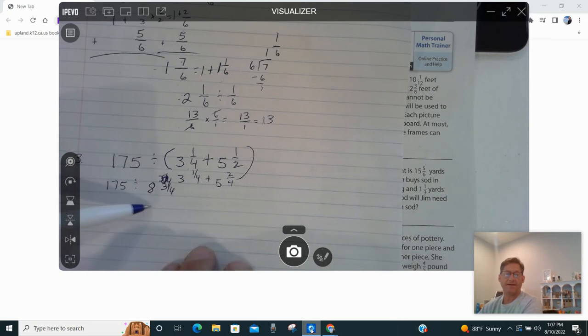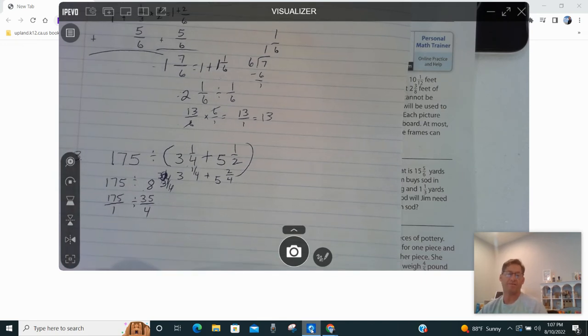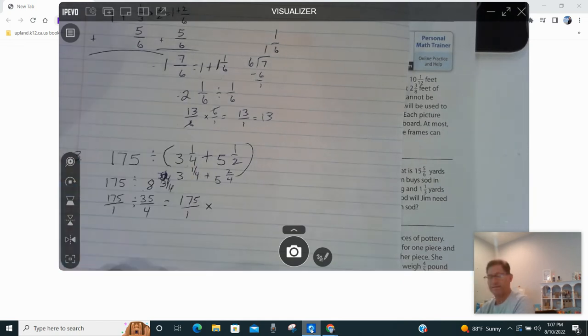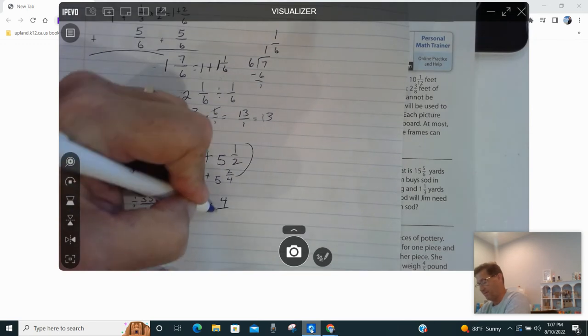Okay, we're going to turn 8 3/4 into a fraction greater than 1. 4 times 8 is 32, plus 3 more is 35/4. And we can rewrite 175 as 175 over 1. Okay, to solve it, multiply 175 first times the reciprocal of 35/4.